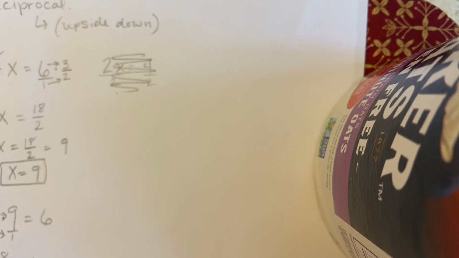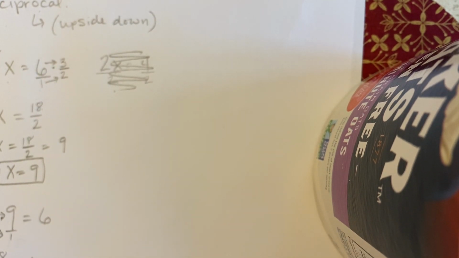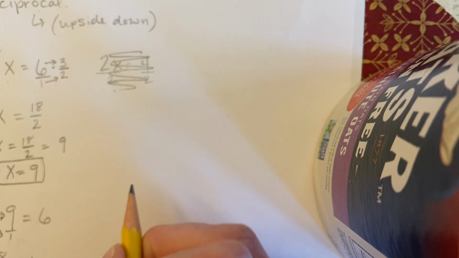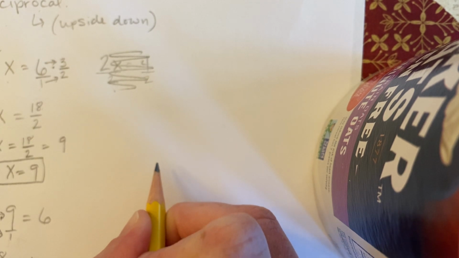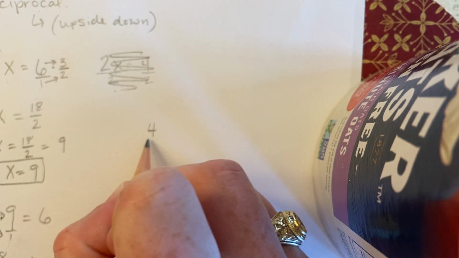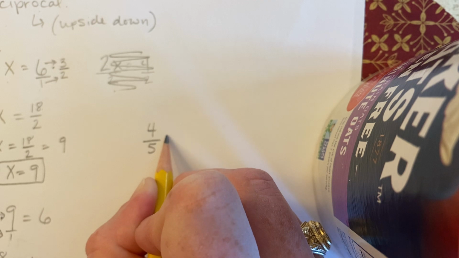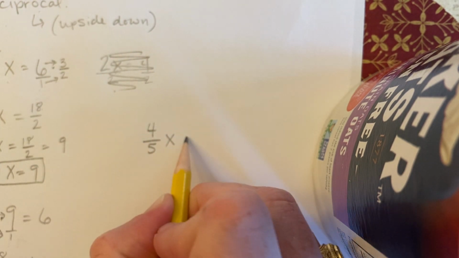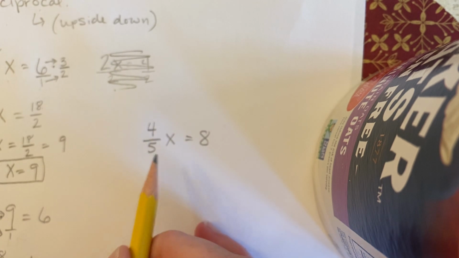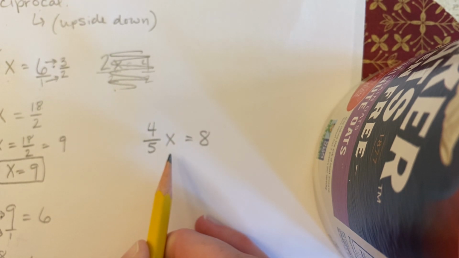One more here. Let's say 4/5 of x equals 8. Automatically, I feel like I should divide by this fraction.